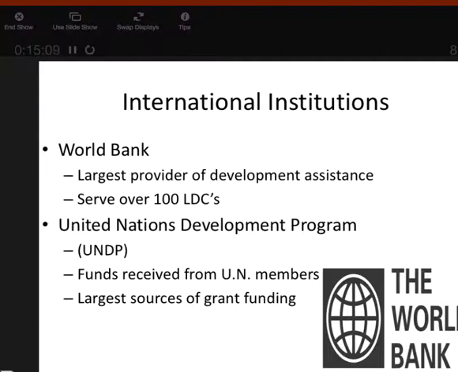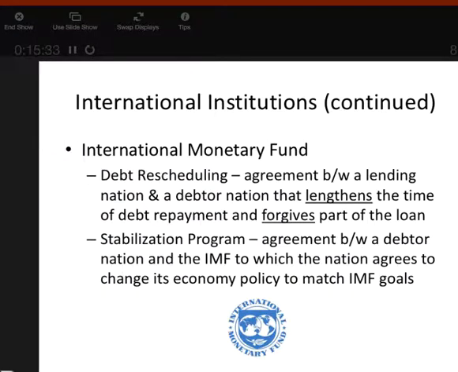I can't remember the amount of income that Bill Gates gives away, but I think at least over 50% of his income goes to foreign aid. And there's quite a few billionaires that do this. They give away a lot of their money, which has really helped in trying to develop some of these countries.